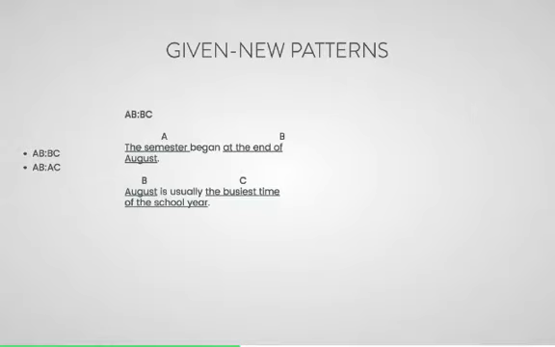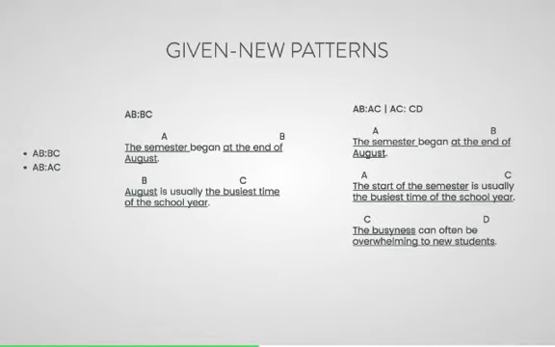For us to have cohesion, there needs to be some connection between the first sentence and the second sentence. In this case, we're connecting with the predicate. We restate August, and that's labeled B as well, is usually the busiest time of the school year. That's labeled C. The cohesion occurs because there's a connection between the first and second sentence.